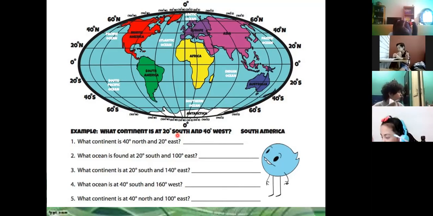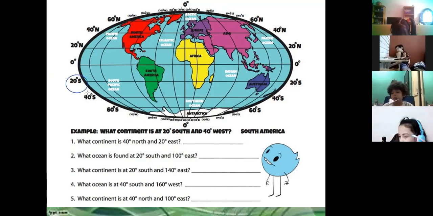Remember that when we talk about 20 south, we start first with the latitude. So we go to the lines of latitude that are parallel. Oh, here is 20 south. So I'm going to make a circle here for the 20 south. But we're looking for the longitude of 40 west.